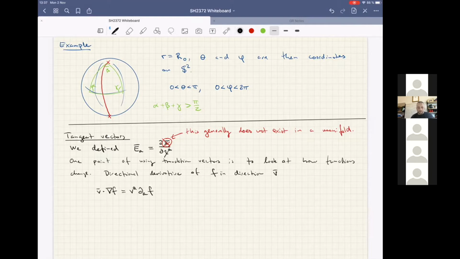So this means that this directional derivative depends on the components of this vector v in this coordinate system.